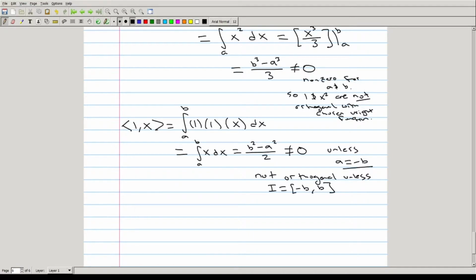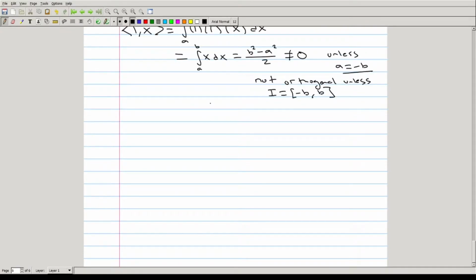And there are whole classes of polynomials and weight functions that are very, very useful in applied mathematics. I'll list the first few, what are called Legendre polynomials.